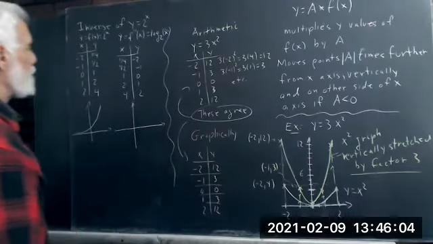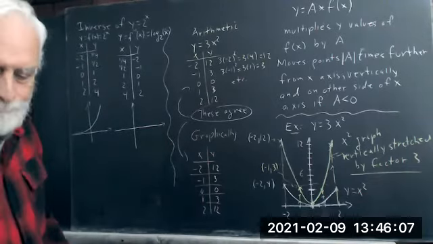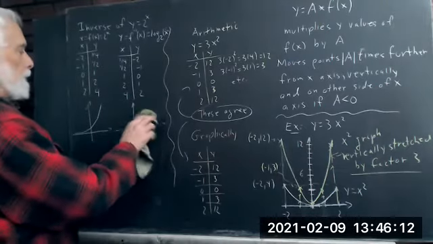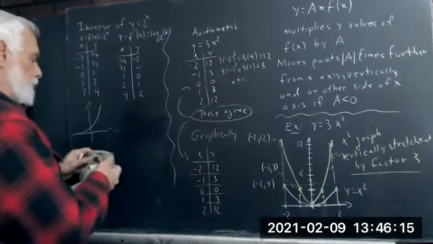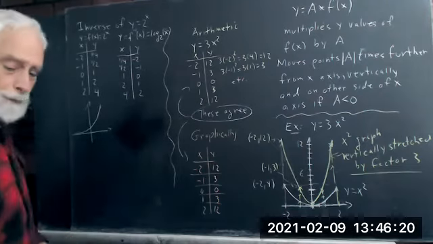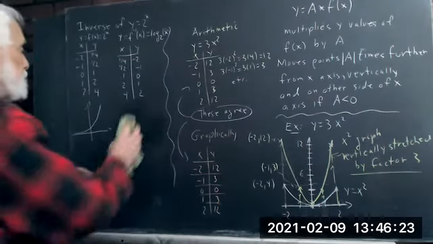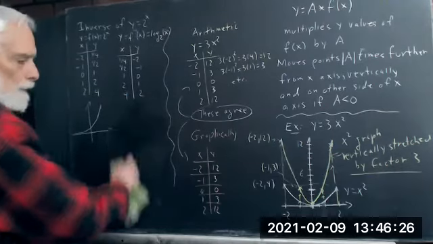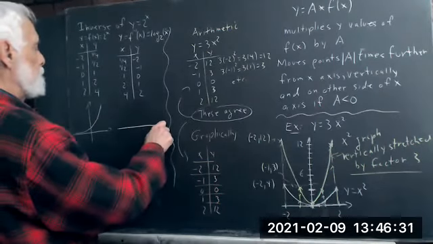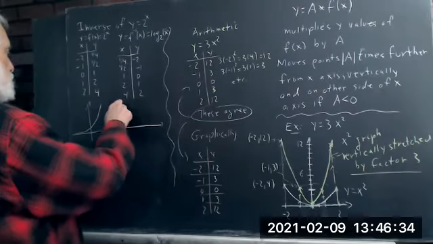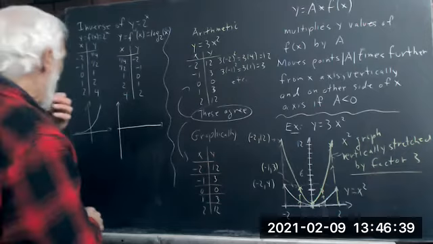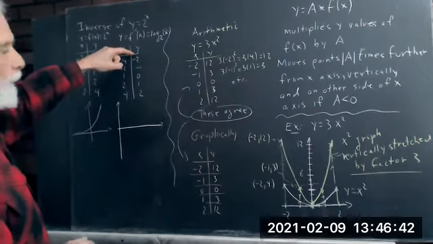Now, one thing is your x values, matter of fact, let me fix this. Your x values are all positive, so I don't need to have as much of the negative y-axis on the graph as I did. That'll allow me to draw things a little bigger, which will be helpful. So I'm going to put my y-axis about here. Notice that my y values go from -2 to 2.